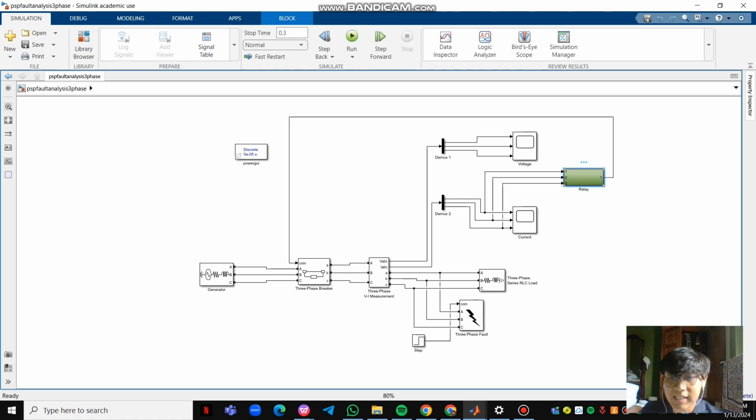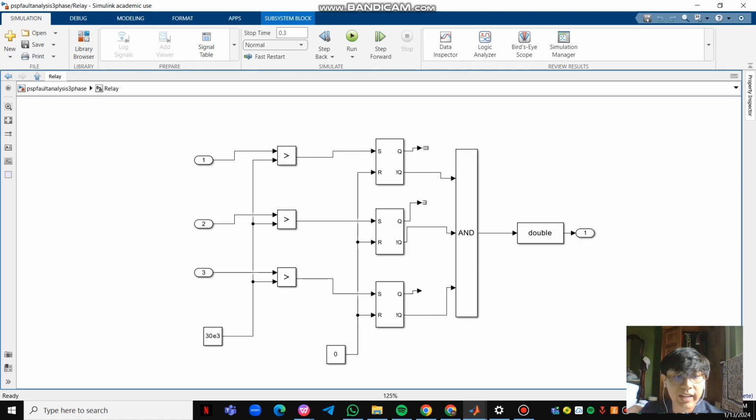So next is the relay. This relay circuit here is basically theoretical, not practical, because of the SR flip-flop. Basically we have to compare the input current, whether it crosses a certain limit or passes the limit of the relay.